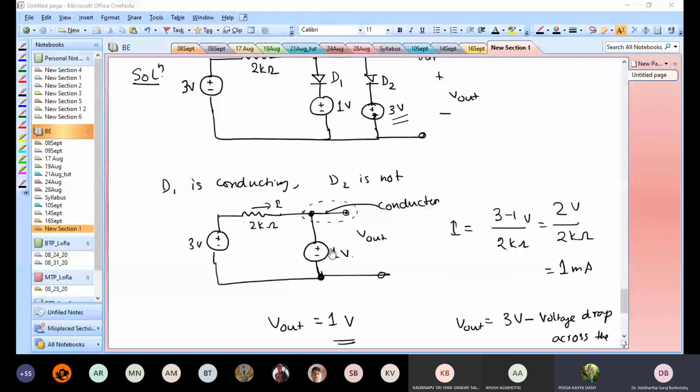If I took the output across R, I had a low pass filter. But if I took the output across L, I had a high pass filter. So the same thing happens in this RLC circuit as well. Depending on where I am taking the output, the behavior of the output would be different. I should rephrase: the circuit would be the same, but the output pattern would be different.